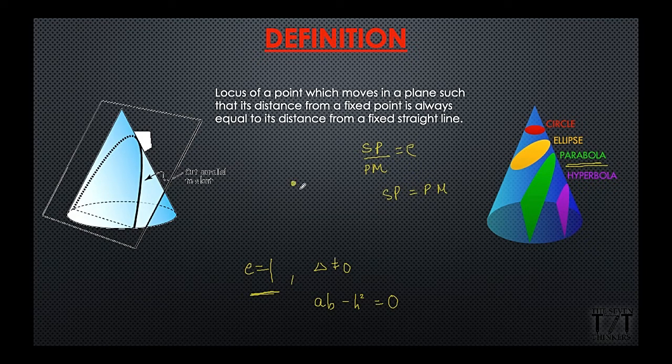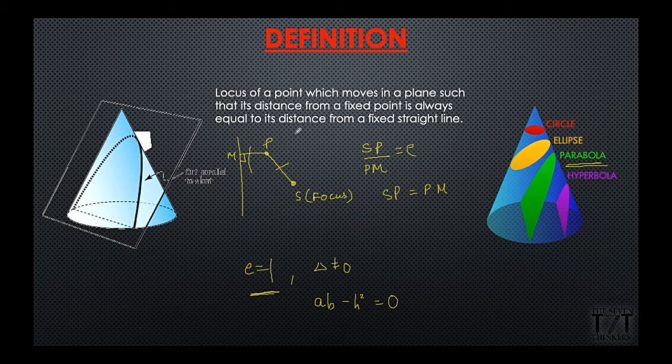S was a fixed point, which we name the focus. P was any point and M was a point on the directrix, which was perpendicular to the point P. And so we found out that when SP is equal to PM, we get a conic section named parabola.